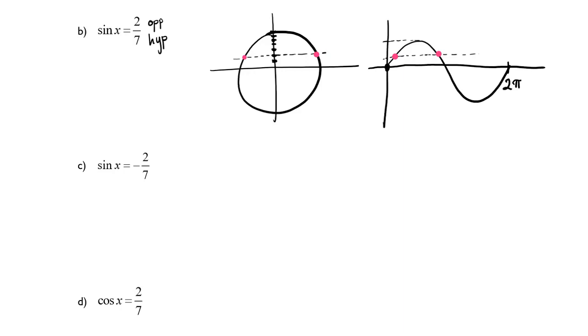So either way you look at this, it's still going to give you the same values out. You just have to keep track that sine of x is like your y, and cosine of x is like your x.